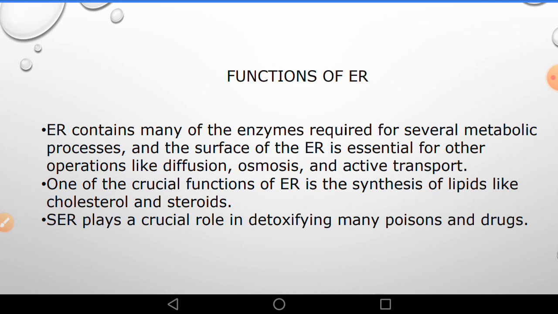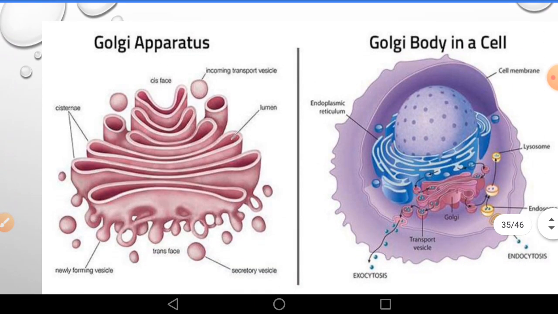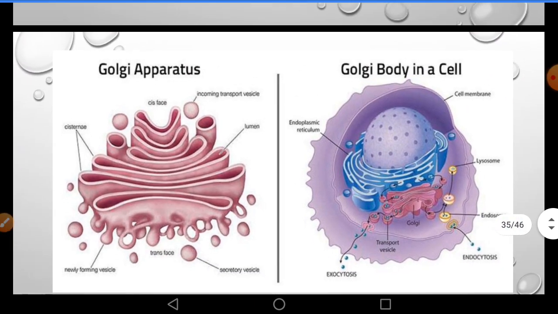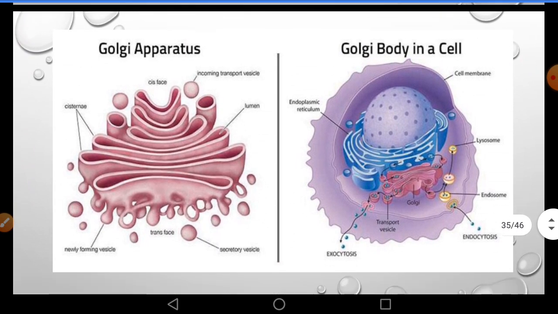So transport of material takes place. One of the crucial functions is synthesis of lipids, and SER plays a crucial role in detoxifying many poisons and drugs. So this was about the endoplasmic reticulum or ER.